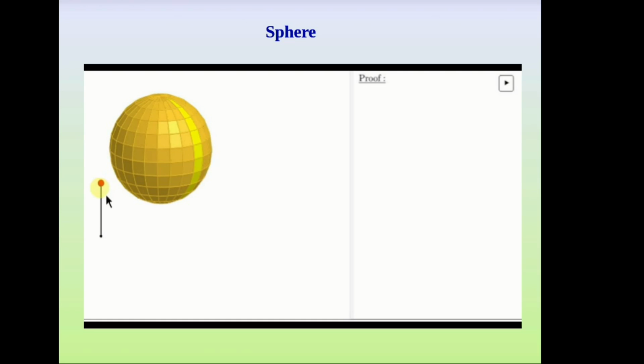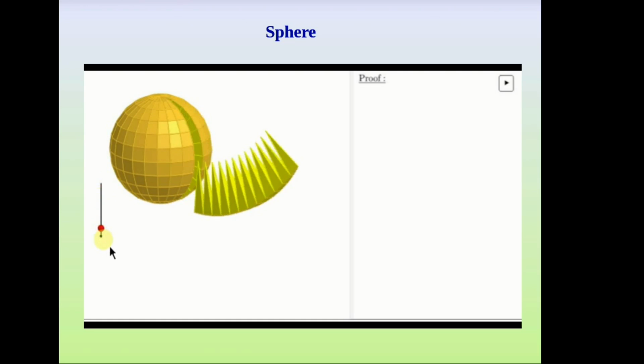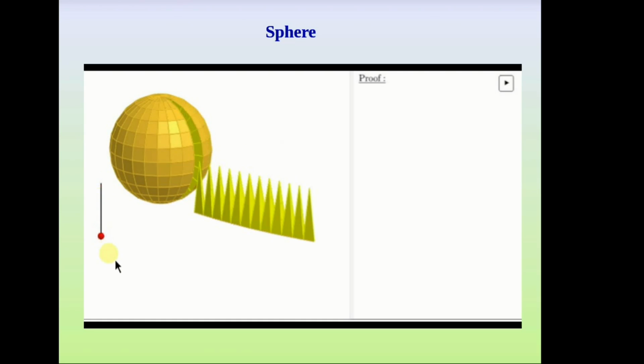The total sphere is divided into square pyramids. Every apex point of the pyramid meets at the center inside the sphere.